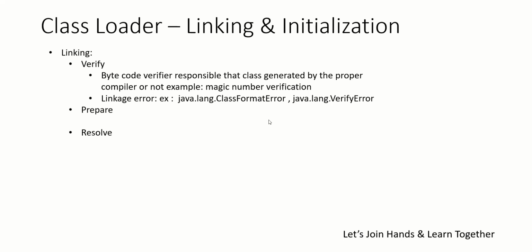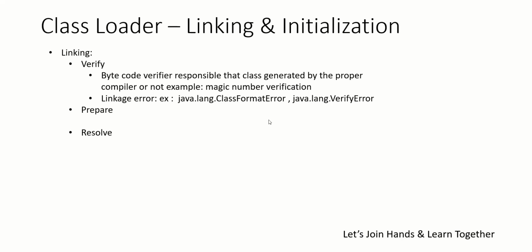One example is the magic number present in a class file. If you have created a .class file, the first 4 bytes are taken for the magic number. If you remove the first line and try to run java on that particular class file, it will give a linkage error, saying the magic number is not correct.